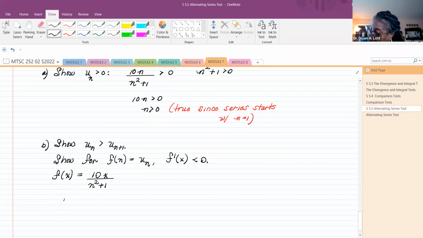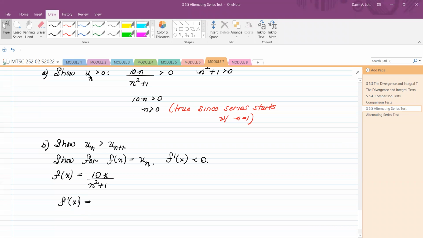All righty, what is f prime of x? How do I take the derivative? Is it 2n times 10 and then plus?